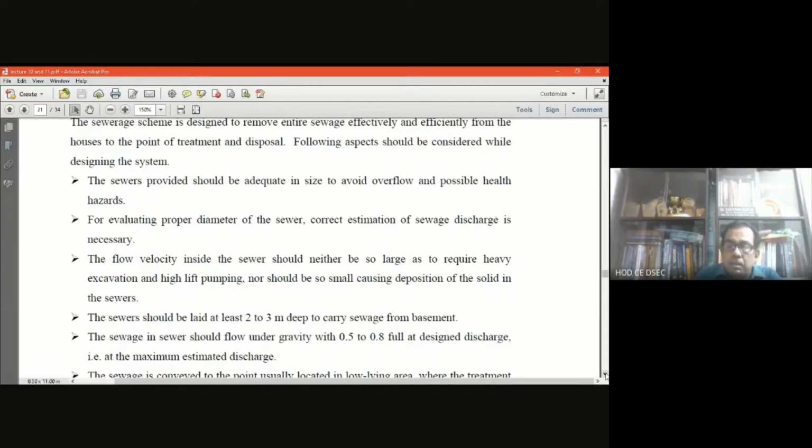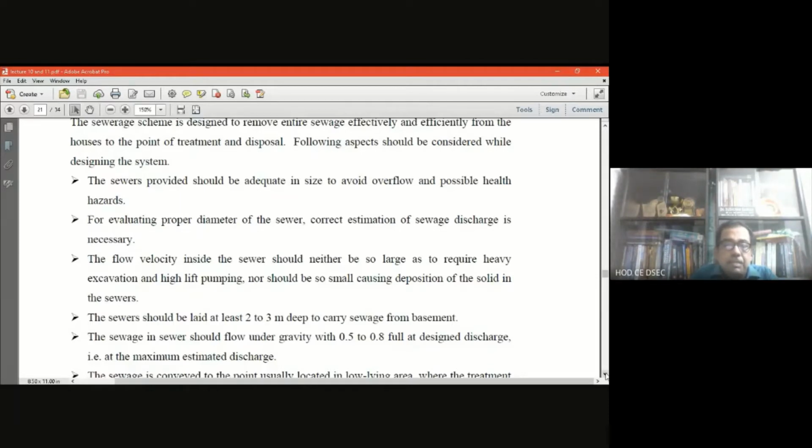For that, the required gradient has to be maintained. Why? Because this minimum velocity has to be maintained so that the suspended particulate matter is not allowed to settle and choke the passage of the sewers.